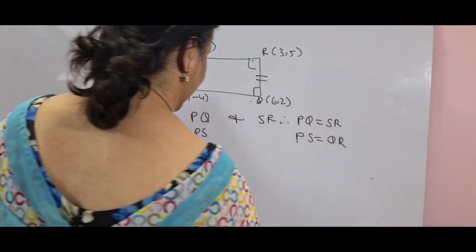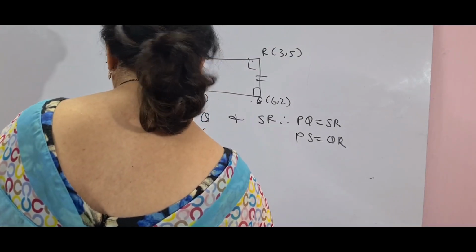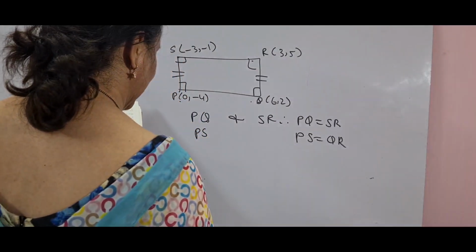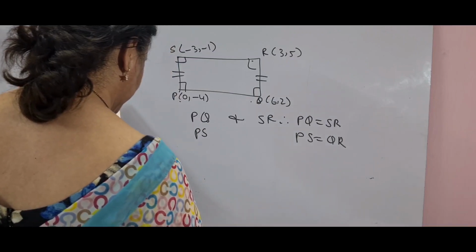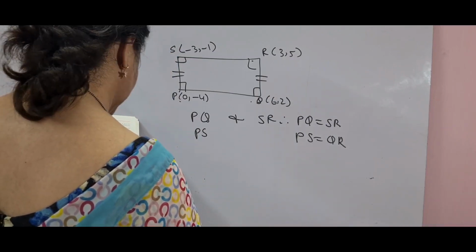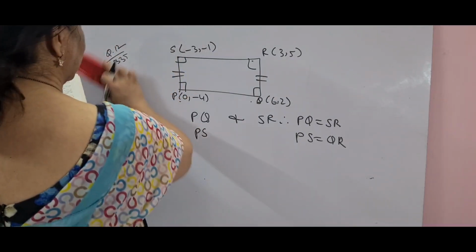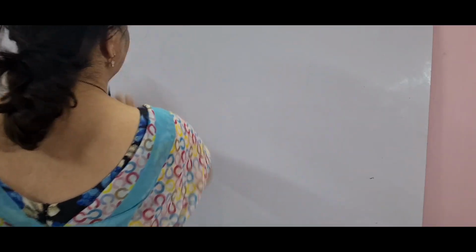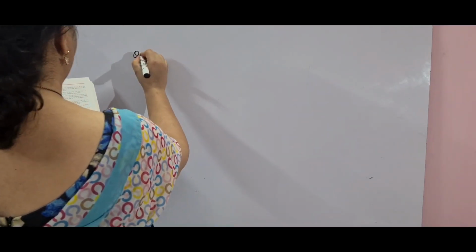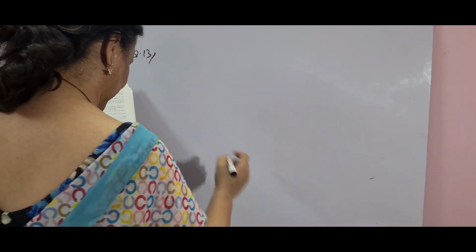So when you find AB, BC, AC, you will come to know that two sides are equal but one side is bigger. For example, in question number 13, I'll just give you a little hint so that you don't get confused. Question number 13, when we solve it, I'm just solving it for your purpose.